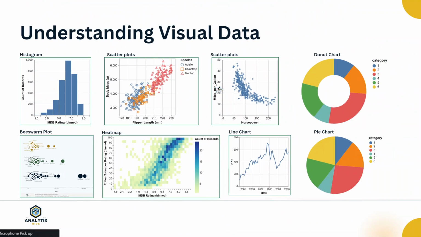So then we have the donut chart. You could use a donut chart to represent the different compositions of a data, like the different compositions of a certain category. Like we have category 1 here, 2, 3, 4, 5. So we see that category 3 is the biggest, made the biggest contribution.